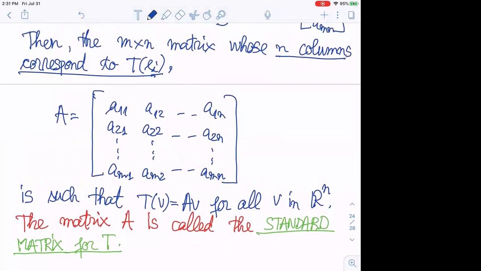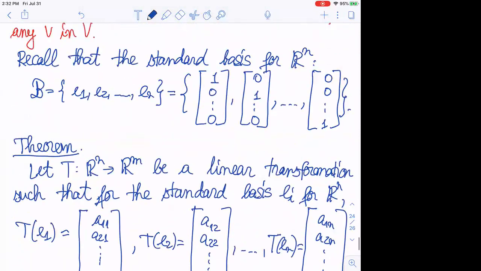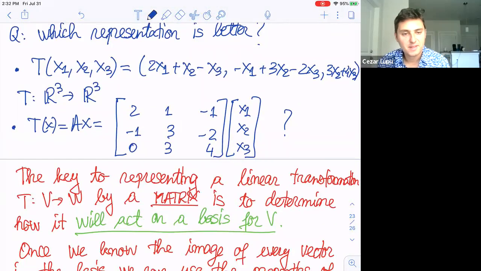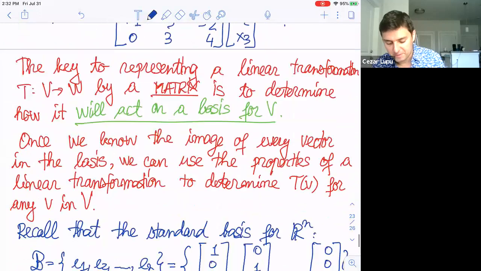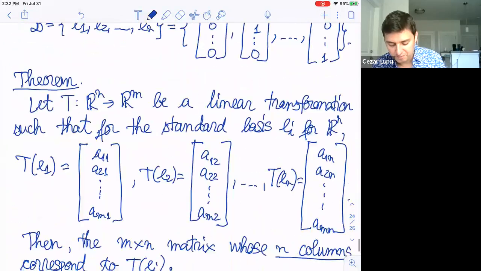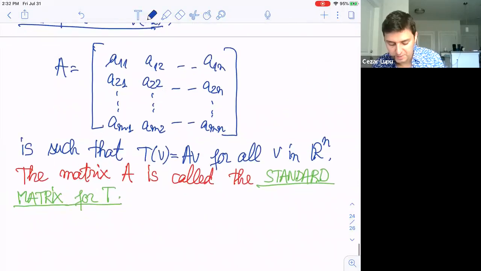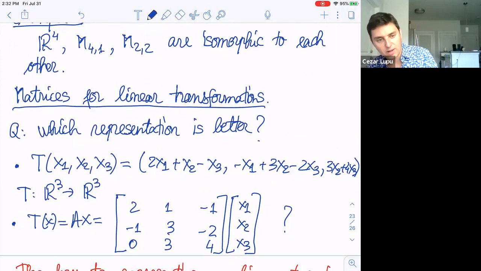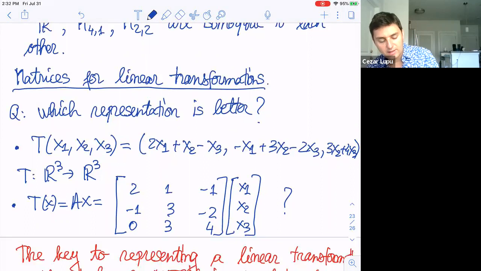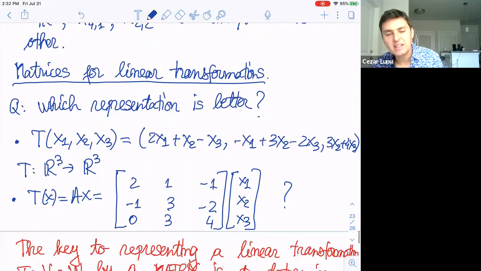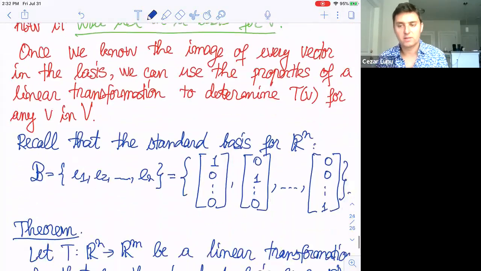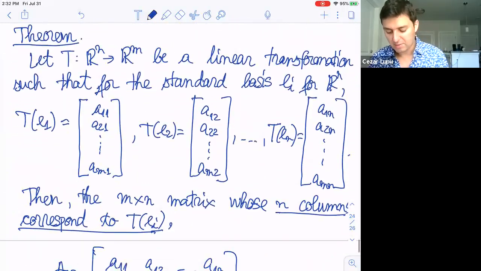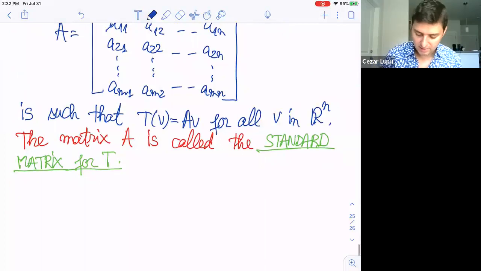Yes. Okay. Then now, if I go back to my example, you see here, that's the matrix representation, the standard matrix for this linear transformation, right? Anyway, let's see an example, because I want to illustrate how this will work. But keep this in mind, this is a very important theorem. And now let's see an example.